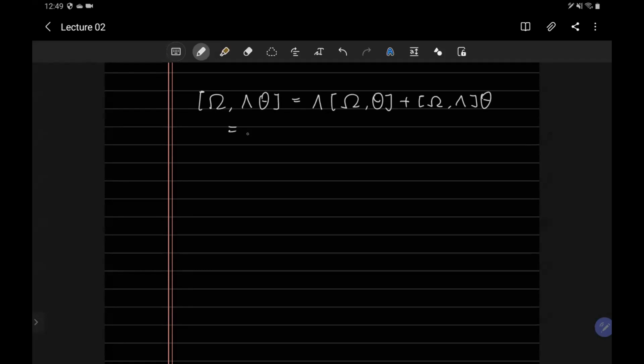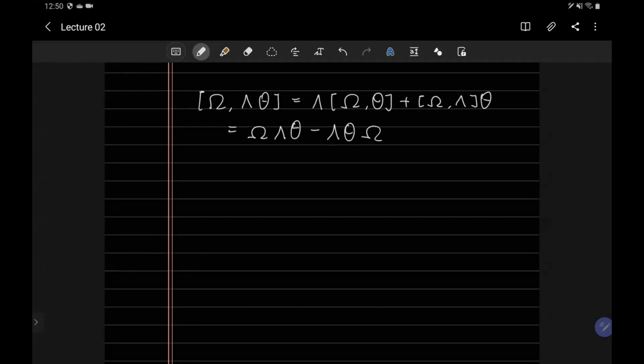If we follow the definition of the left hand side, it means omega lambda theta minus lambda theta omega. That's all it says for the right hand side.